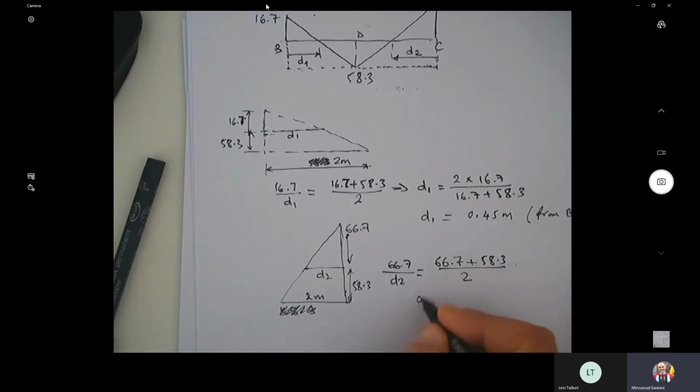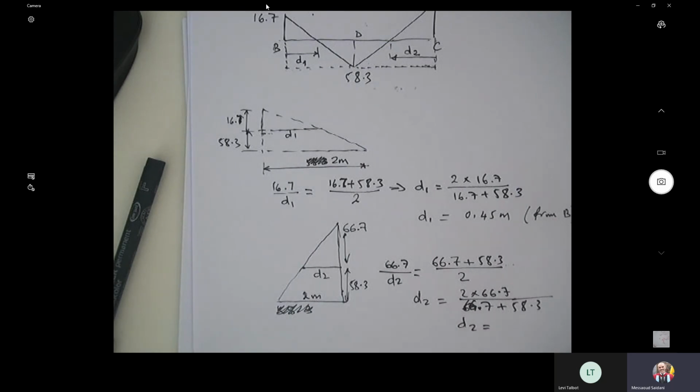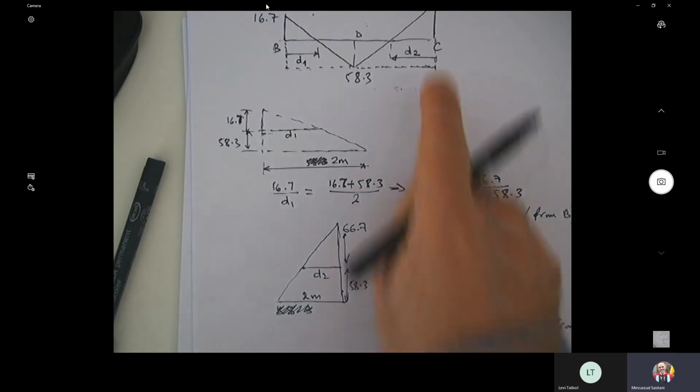So therefore D2 will be 2 times 66.7 divided by 66.7 plus 58.3, and you give me the answer, please. 1.07. 1.07 meters, and that's from C.